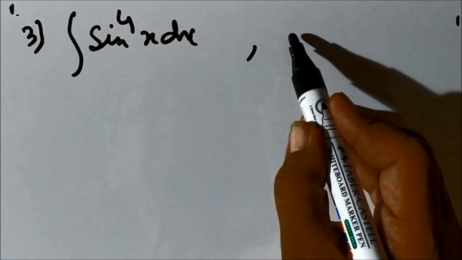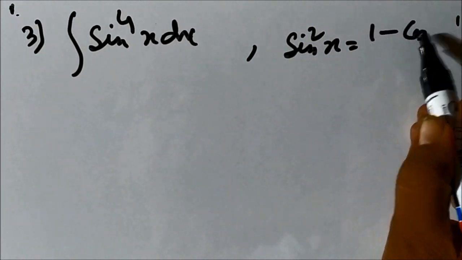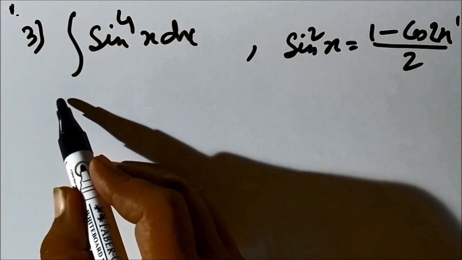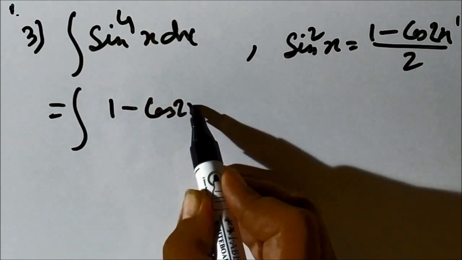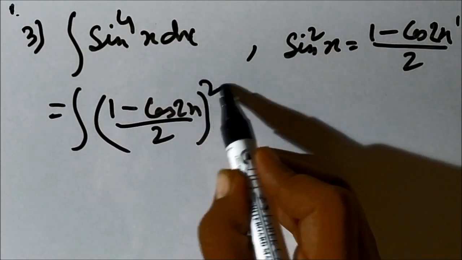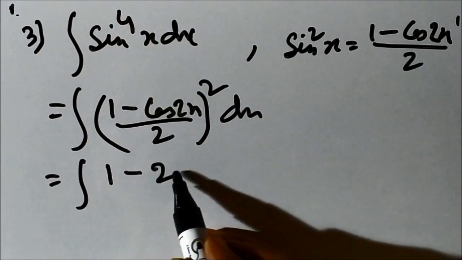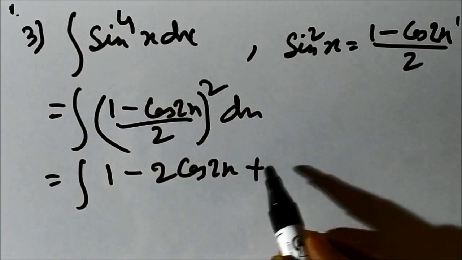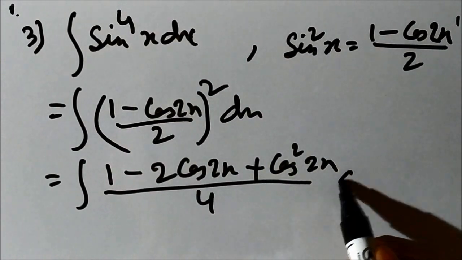Number 3. Integration of sin 4x dx. As we know that sin square x equals (1 minus cos 2x) by 2. So this equals the integral of ((1 minus cos 2x) by 2) whole square dx. Using (a minus b) whole square, this equals (1 minus 2 cos 2x plus cos square 2x) by 4 dx.